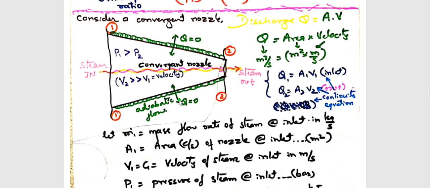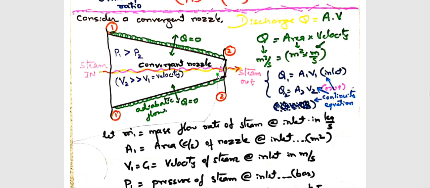We know one fundamental principle of energy transfer: energy can neither be created nor destroyed, but one form of energy is converted into another form. Here that drop in enthalpy energy is converted into another form, that is kinetic energy. That is what the definition of the nozzle says. A nozzle is a device of varying cross sectional area which decreases the pressure and increases the velocity.